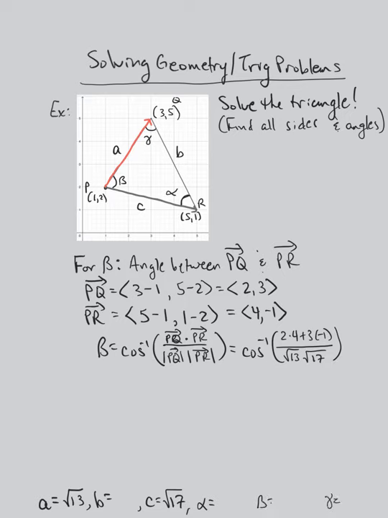All right, and so what do we have? We have the inverse cosine of, oh, I didn't finish this, sorry. So we have the inverse cosine of 8 minus 3 is 5, and then divided by the square root of 13 times 17.